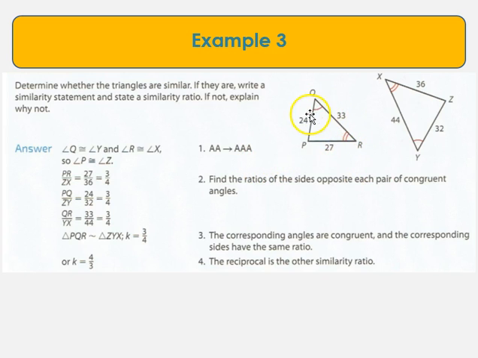Angle Q is congruent to angle Y, and angle R is congruent to angle X. So we know that we have three sets of angles in our triangle, because if we prove two sets of angles, the third will also be congruent. And we've got two sets of angles congruent, so we can use this postulate.